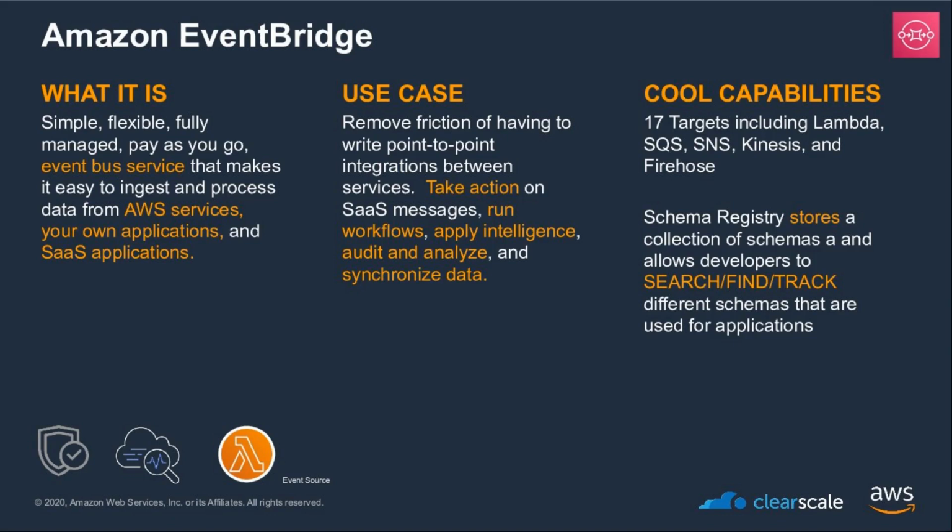It is a fully managed service that handles everything from event ingestion and delivery to error handling, making it really easy to build a scalable event-driven application. And as with any other serverless service, you only pay for the events that you process.